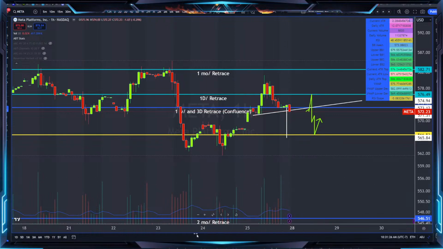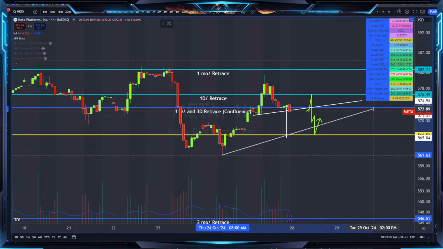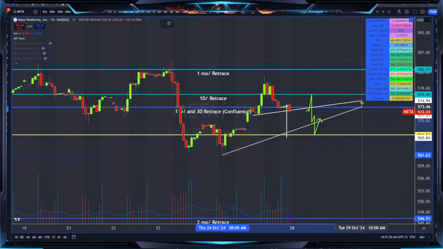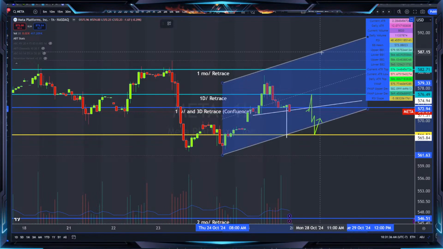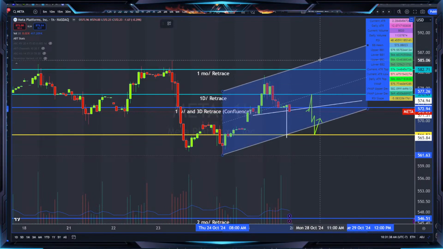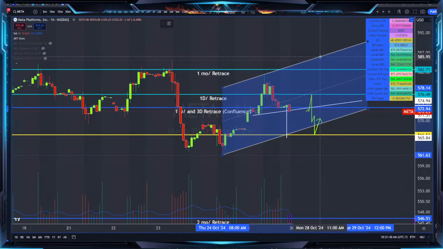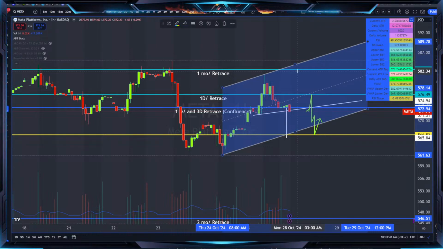But what would happen here if you just did this? What would happen if you did this? Because this is where we're thinking we're going to support, right? Roughly around that yellow line. Okay, well, does that show that we have some type of something happening here? And does it rhyme?